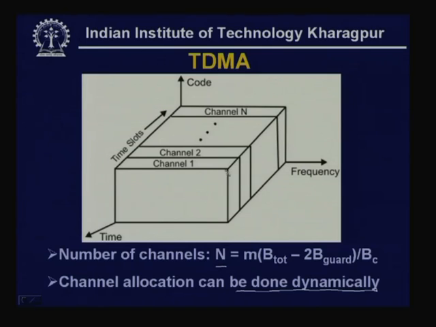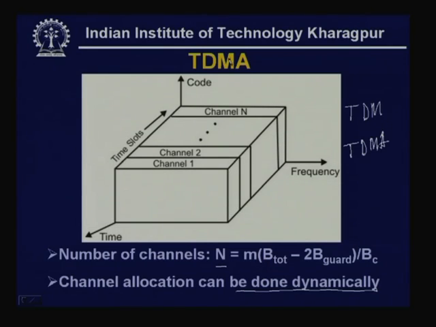Whenever we do that, for example, this particular channel can be statically allocated to a single station or user. In that case, we call it time division multiplexing. On the other hand, if it is done dynamically and based on demand, then we call it time division multiple access. That means a particular channel can be shared by a number of stations or users.